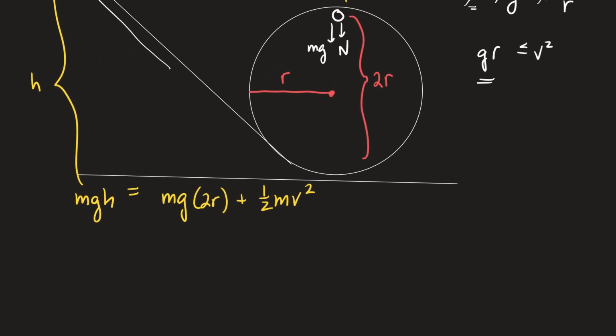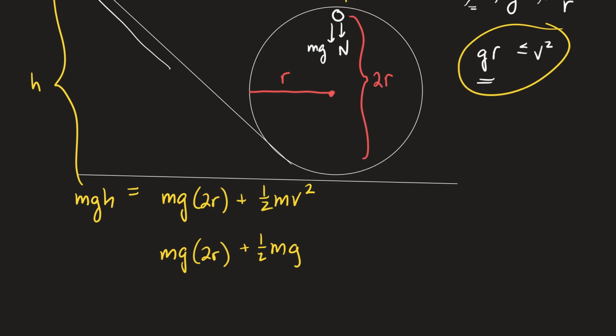Well, I did take a moment already and found an expression for v squared. So we can put those together. mg times 2r plus 1/2 mgr. All right, just subbed in for v squared. Now both of these have mg and r together, so it's 2 plus 1/2.